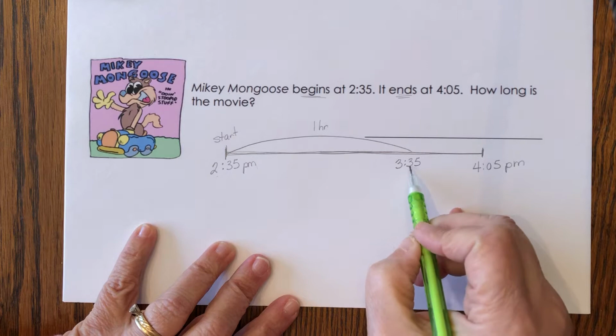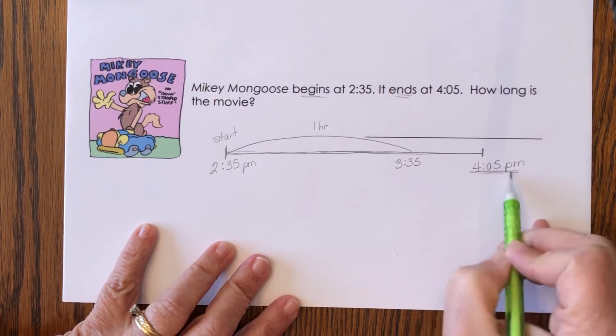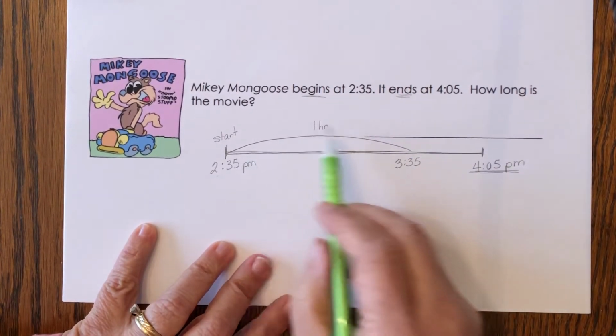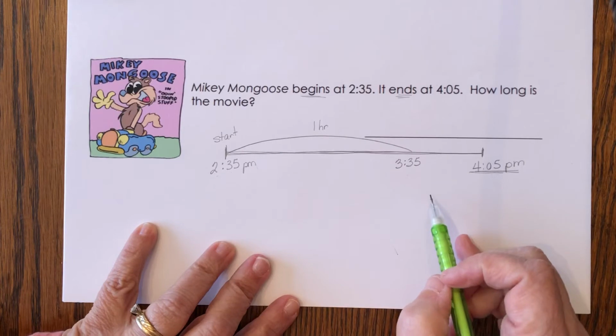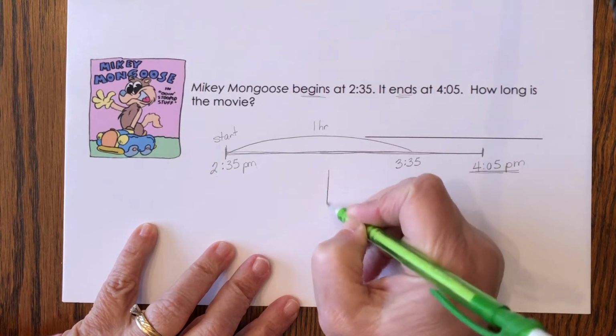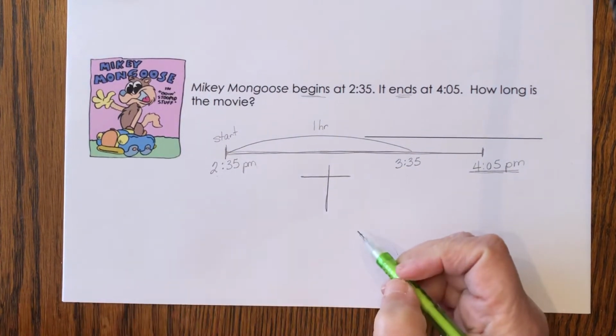If I added another hour, it would be 4:35, and that's past my end time, so I can't add another hour.